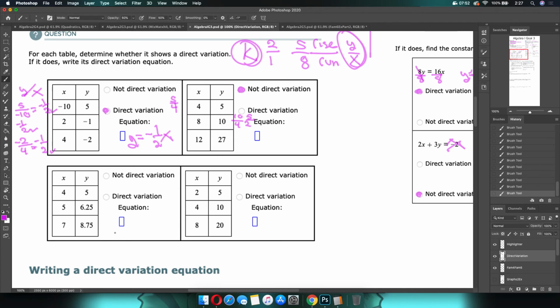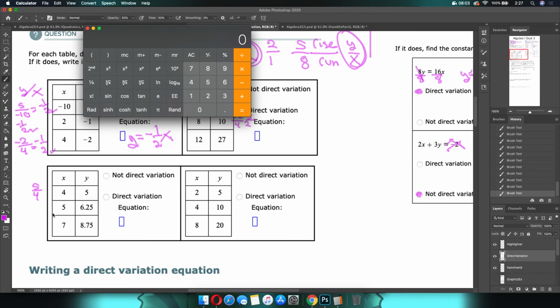Let's see here. We have 5/4 again, and oh God save me, they gave me decimals. Whatever shall I do? It's not like we don't have calculators or anything. So let's find out. 6.25 divided by 5. Does that get us 5/4? Yes, it does.